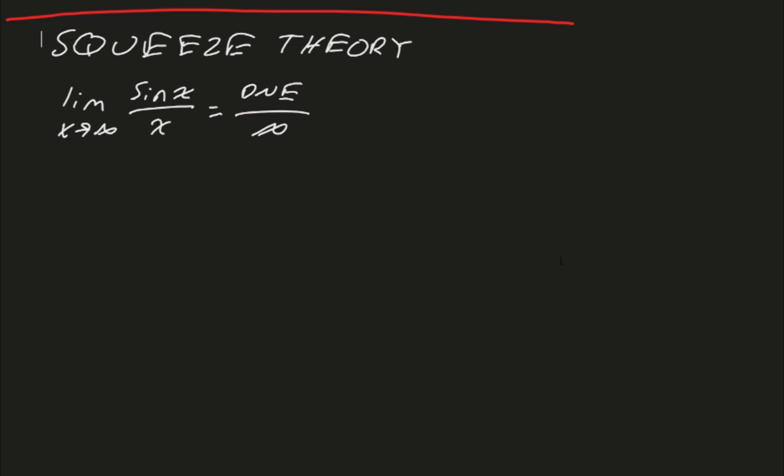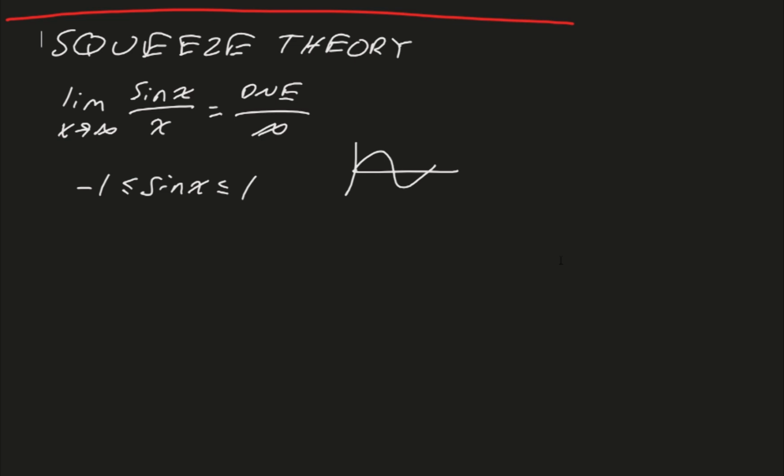So by squeeze theory, what we know is that sine of x oscillates between -1 and +1, as does cosine. And just remember what sine of x looks like here. It's constantly moving between 1 and -1. It will never ever stop. That's the reason why its limit does not exist, because it doesn't really approach a single value of y as it goes towards infinity. It just keeps going between -1 and 1. So that being said, we know that sine is pinned between these two.